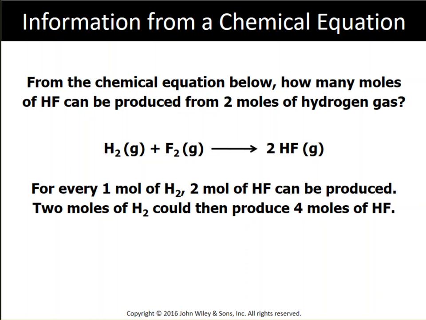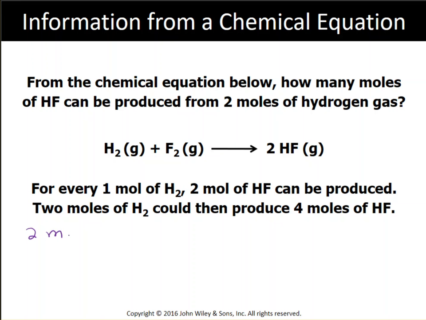Now this is the balanced reaction, but let's say that you do this reaction in a lab, but you want to do 2 moles of hydrogen. 1 mole is not enough for you. So you want to know that if you have 2 moles of hydrogen, how many moles of fluorine, for example, you would need to react with it.